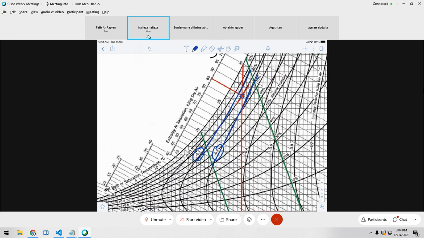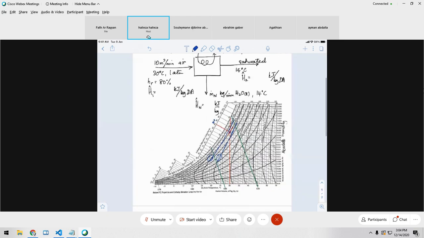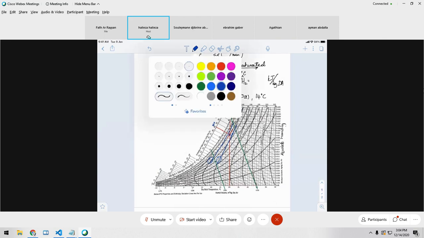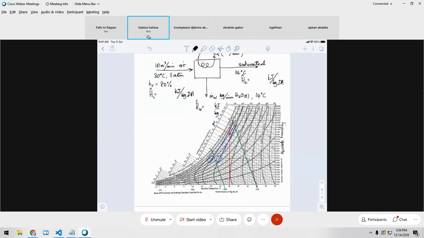So that value of the saturated enthalpy is 85.5. So we're going to get the enthalpy for the inlet. Let me change that to black. I don't have enough space there, so I'm going to write it here. 85.5 minus 0.15.